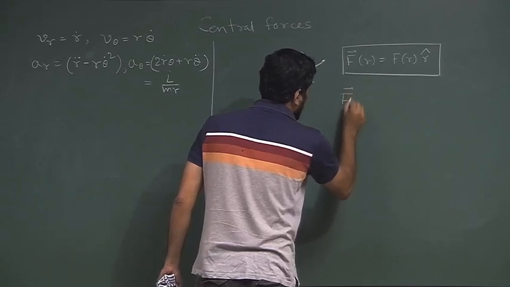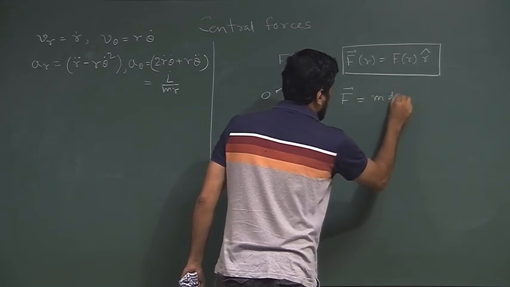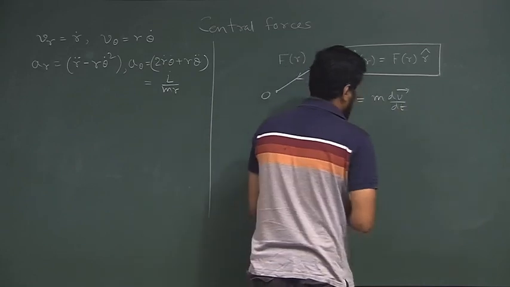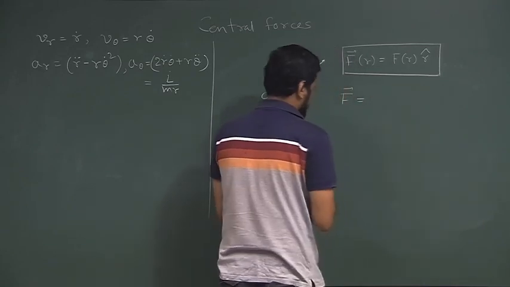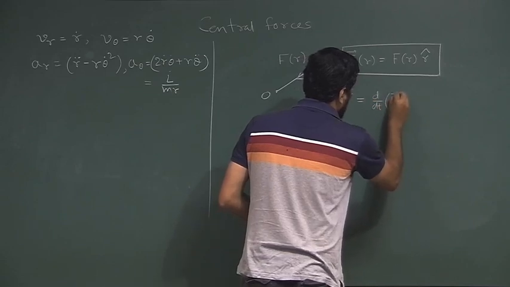So, we have Newton's law as F equal to m dv dt, or more fundamentally, as we discussed in one of our previous classes, d dt of p.